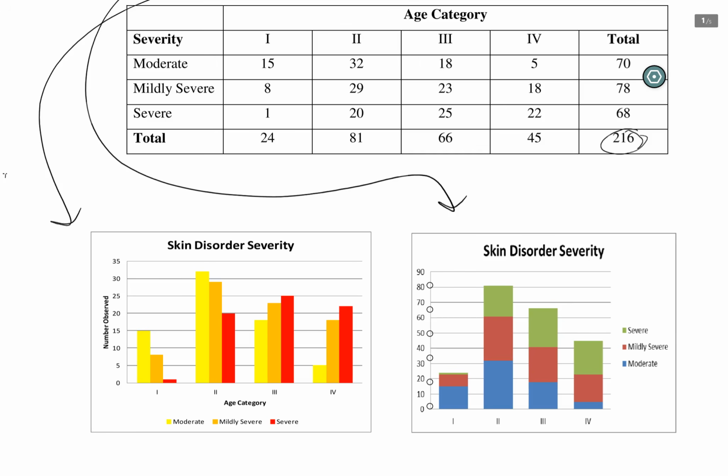and we get a sense of the pattern of the data. The stacked bar graph gives us a similar picture, but we get a better sense of proportionally what's going on within each age category. So for example, in age category 1, there was one person that was severe, that green bar there. There was a few that were mildly severe, but most of them were moderate.